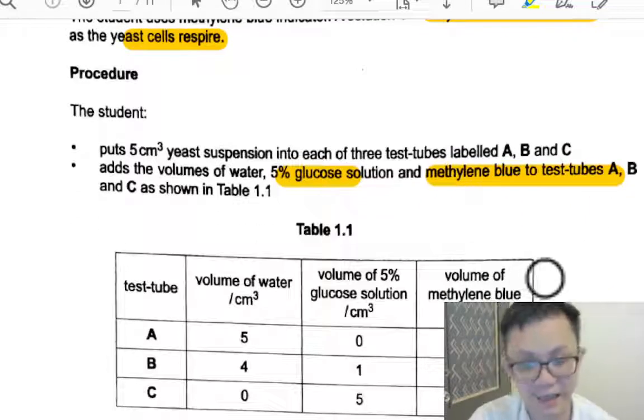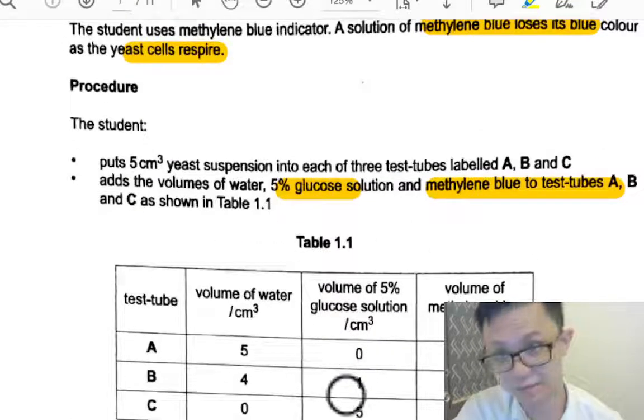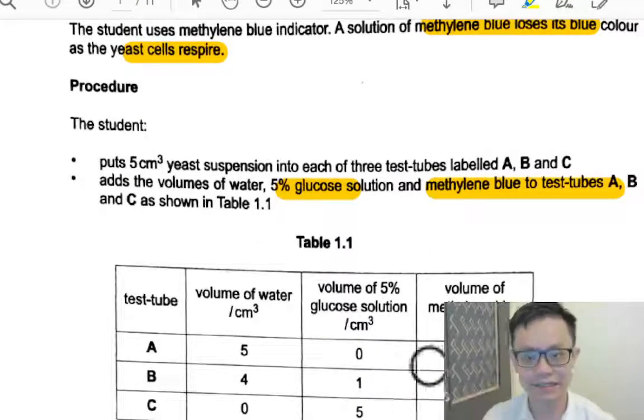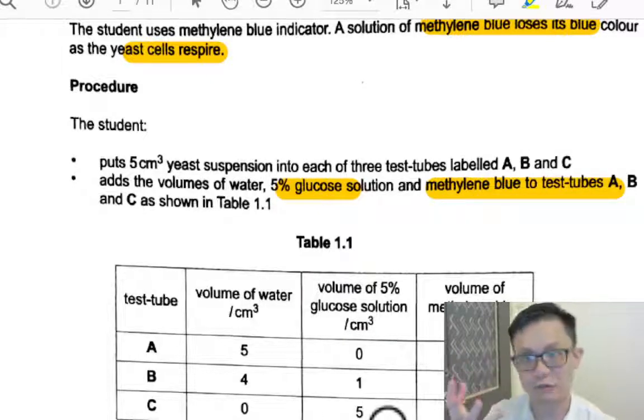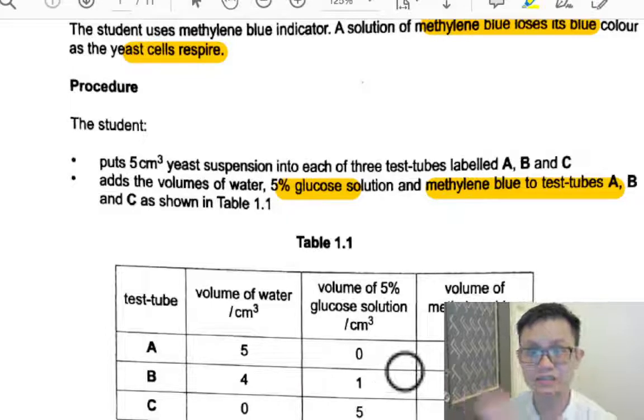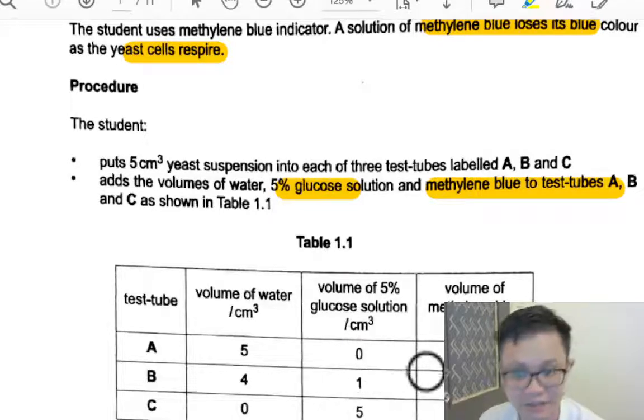Even if we haven't read the question, we should be able to understand it. If the glucose is more, then of course there's more respiration. If there's less glucose, there's less respiration. Like if a person doesn't eat, then he cannot respire, he will die. If a person eats, then he will respire.